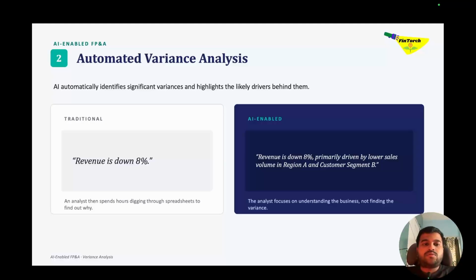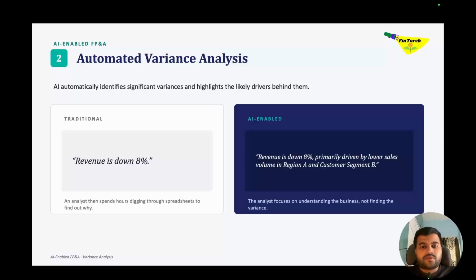Based on the analysis of the variance, the CFO or the CXO team takes some major decisions in the organization. So AI automatically identifies significant variances and highlights the likely drivers behind them.